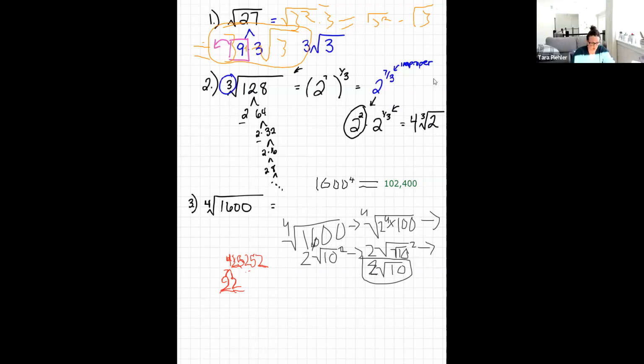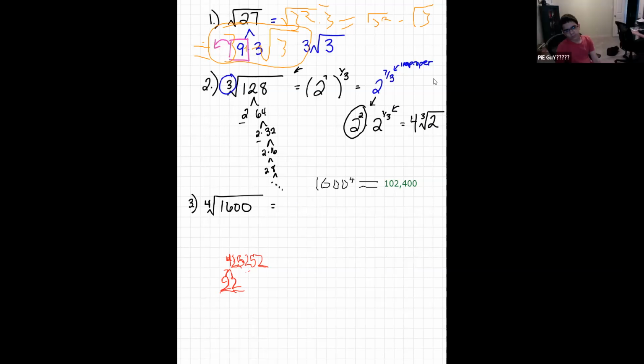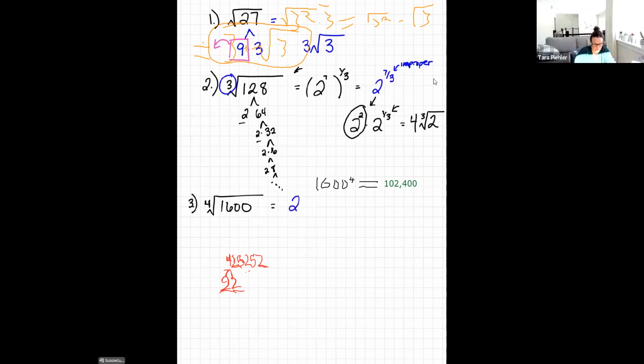I think I did the problem wrong. So I factored. You'd have 2 to the 6th times 5. So that's what I get when I factored. And then I put it to the 1/4th, each one.